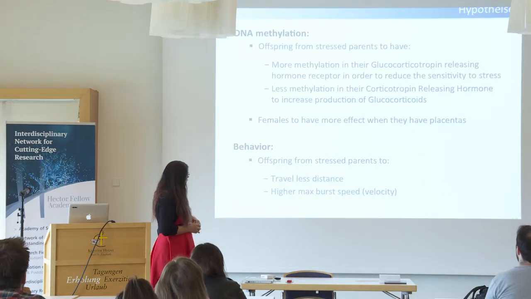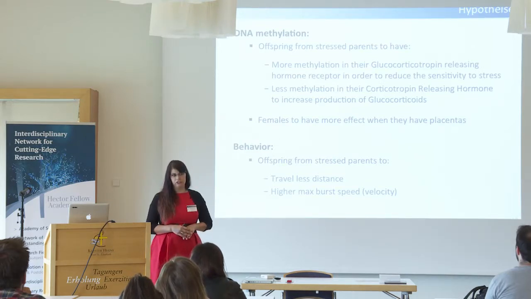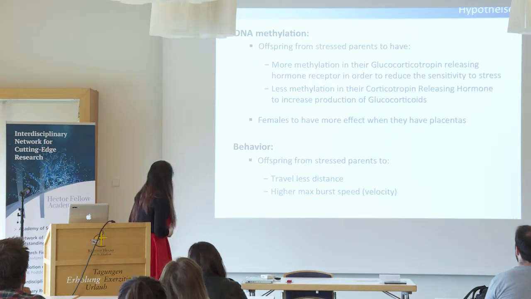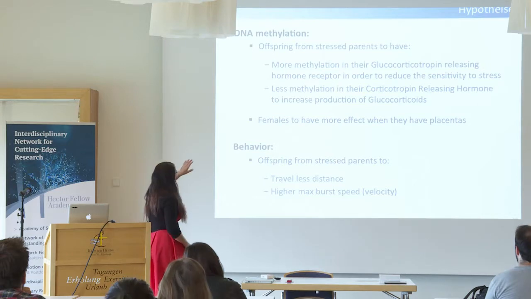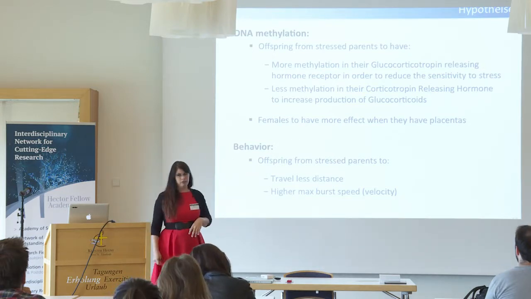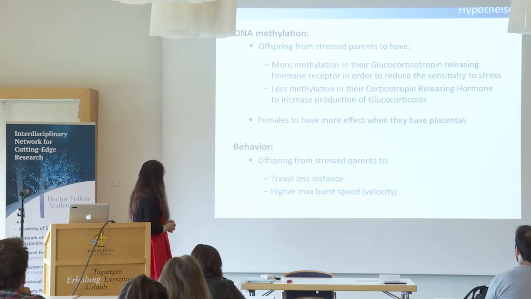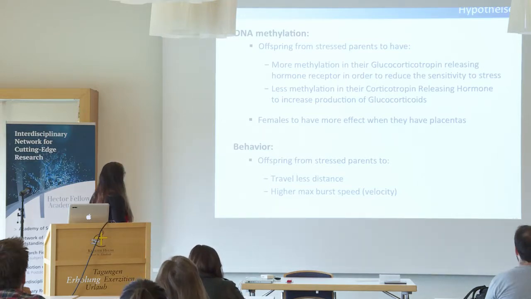And then we also expect less of the CRH. So this is a hormone that's the first response to any type of environmental stressor. But we also expect females that have placentas to be the main influencer on their behaviors and the methylation.